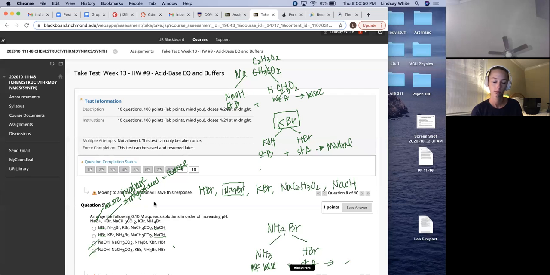So if you mix the two, you end up getting acidic or basic. Acidic. Good. So if it's acidic, it's going to have to be closer to HBr, which is a lower pH. Okay. So it'd be this one. Yeah.